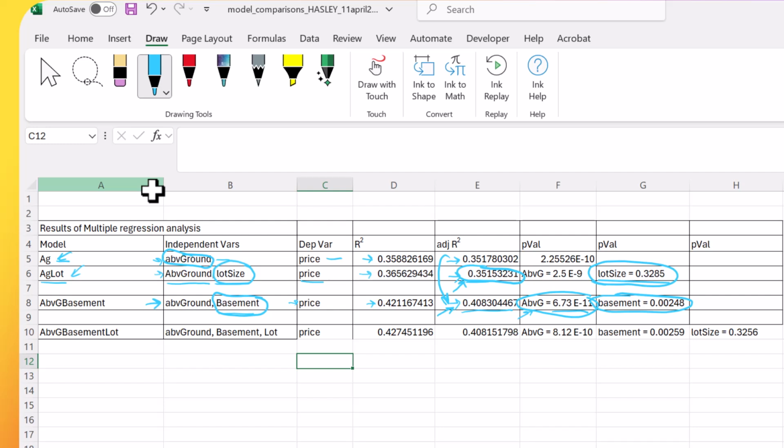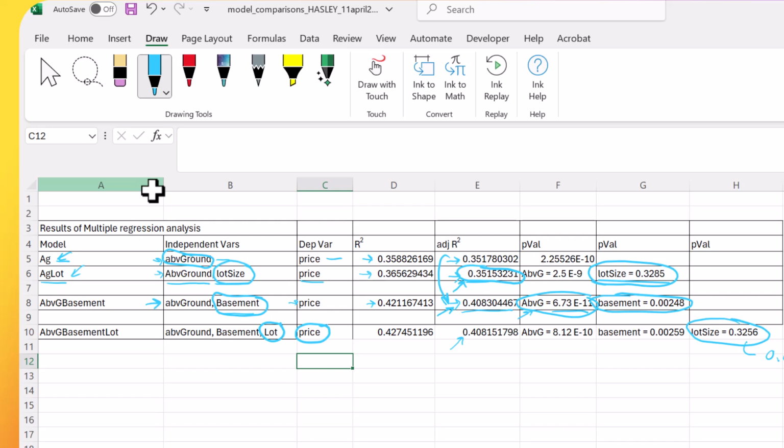Again, I could add another variable here and go with above ground, basement, and lot. My adjusted R squared is actually coming down again. Why? Because I keep including this lot size variable, which, according to my p-value, is not helping me. This 0.3256 is way above the cutoff to be significant, which is 0.05. This is a really good example of a model where, and I'm shocked by this, the lot that the house sits on is not significantly impacting the price of the home.